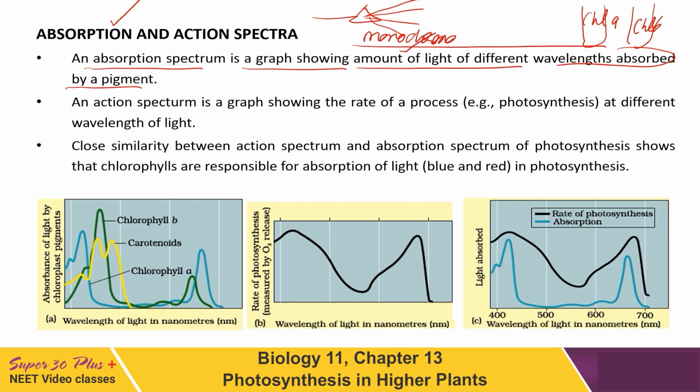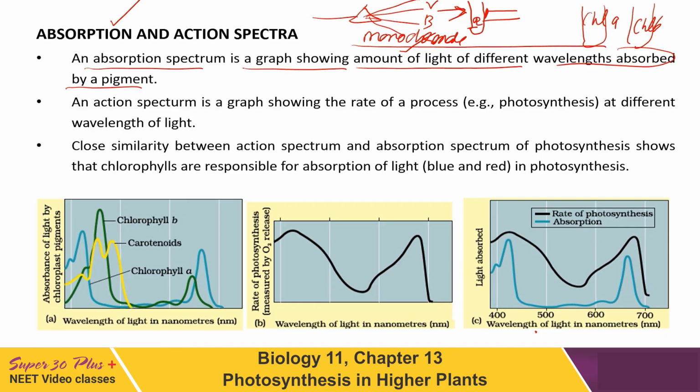Let us give violet, and let us give blue. This color light, one at a time, will be given to chlorophyll A, and here we have an apparatus which can find out how much percentage of this wavelength has been absorbed by chlorophyll A.